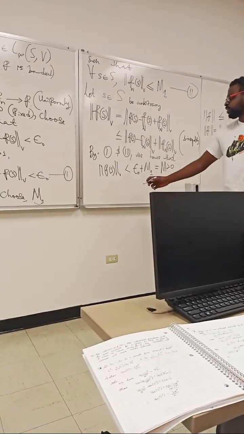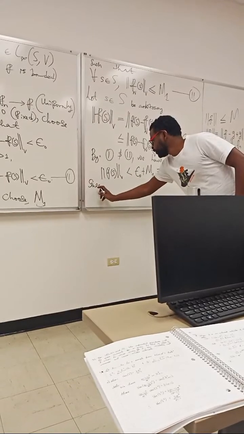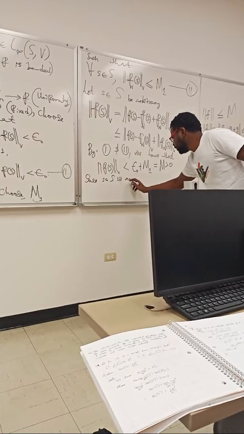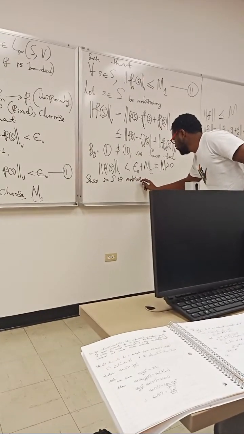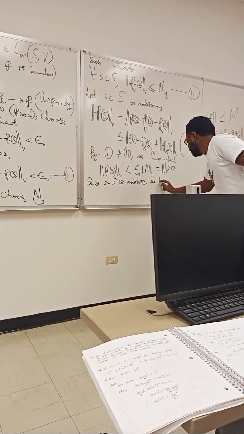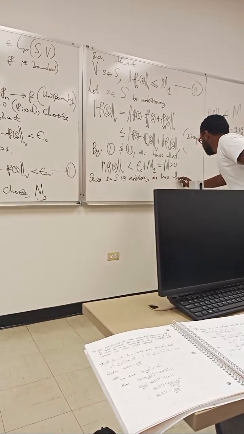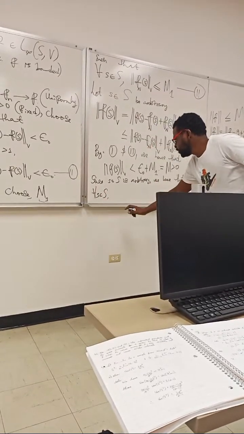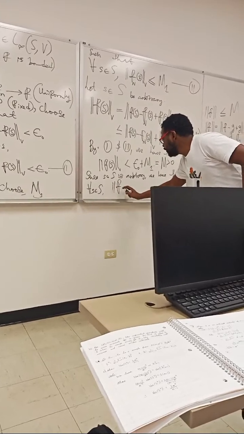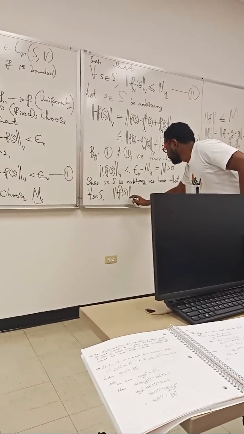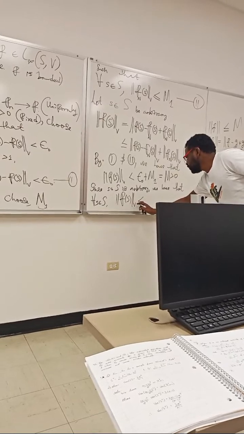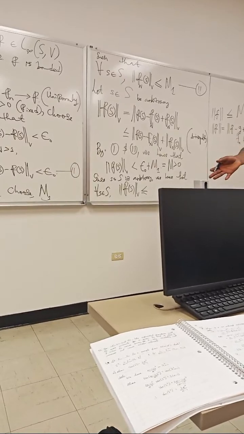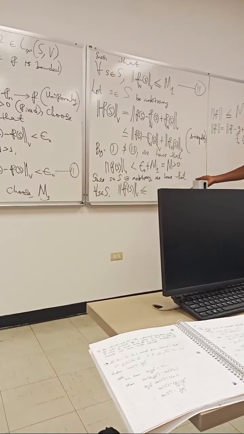So what have I done? Since x in S is arbitrary, we have that for all s in S, the norm of f of s is bounded. Even if I relax this inequality, it does not change anything. If something is strictly less and I say it's less than or equal to, nothing has changed.